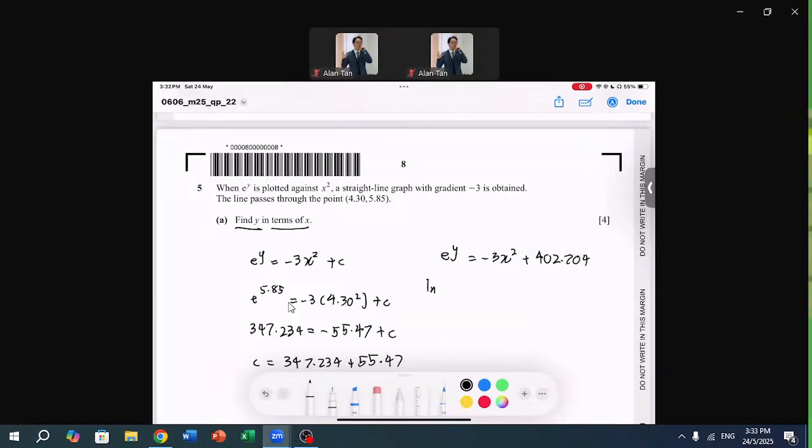Therefore, ln y equals ln of negative 3x squared plus 402.704. Now you can see I'm putting ln completely in there because you actually have no choice. You actually have to put them together. If not, you will most likely be in trouble.